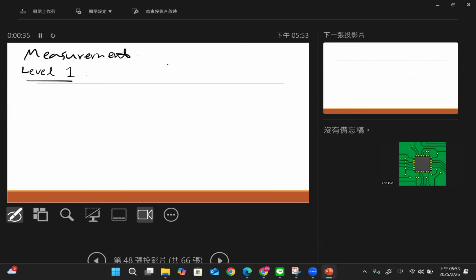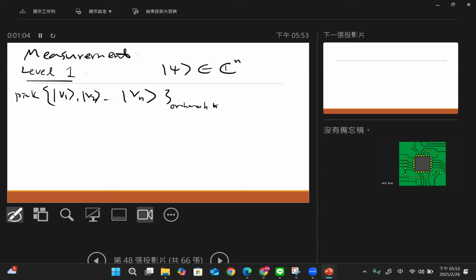What level one is, as we know each state looks like this, a normalized vector, up to the phase, a complex number. Let's say I pick v1, v2, up to vn as an orthonormal basis of C^n.